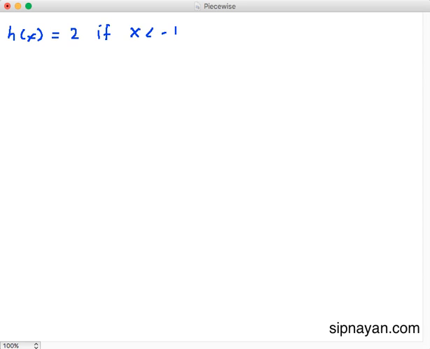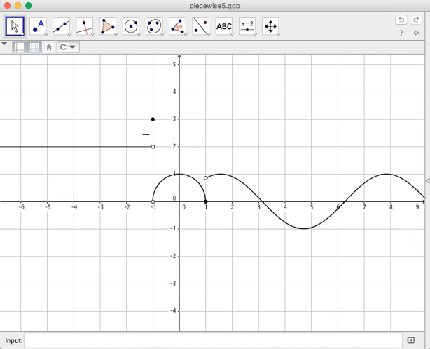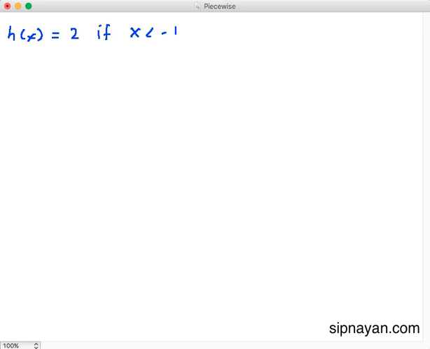What about the second part of the function? This is a point with coordinates -1, 3. So anong x natin dito? Eksakto yung value niya, no? Hindi siya less than, hindi siya greater than, but it's actually equal to -1.